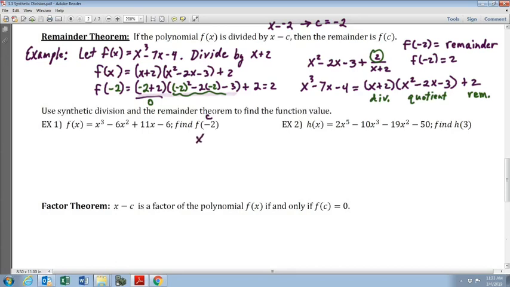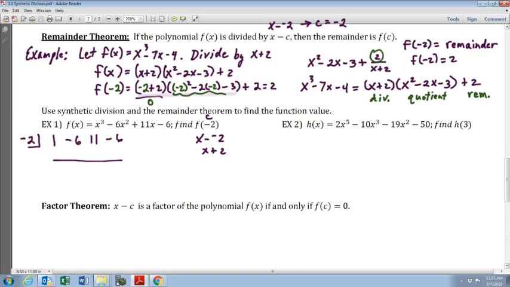And so that means when we divide by x minus our c value, negative 2, or we could write this as x plus 2, when we divide this function by x plus 2, whatever we get for remainder is going to equal f of negative 2. That's what the remainder theorem is saying. So if we're dividing by x plus 2, we're going to put negative 2 in the box. Our coefficients here are 1, negative 6, 11, and negative 6.